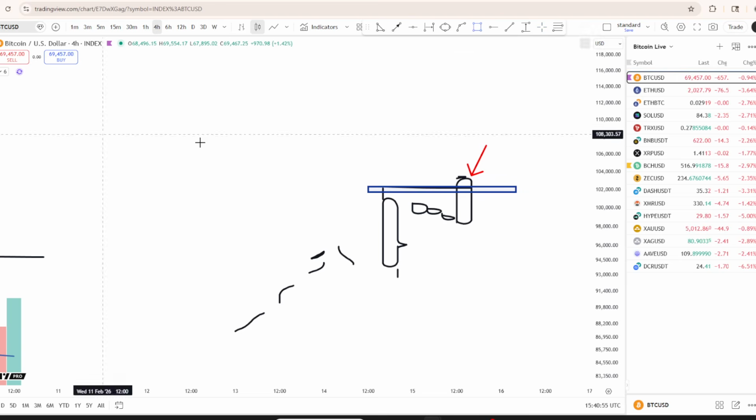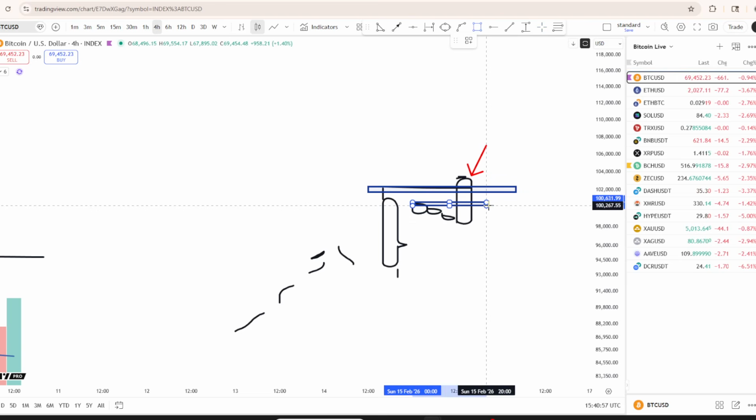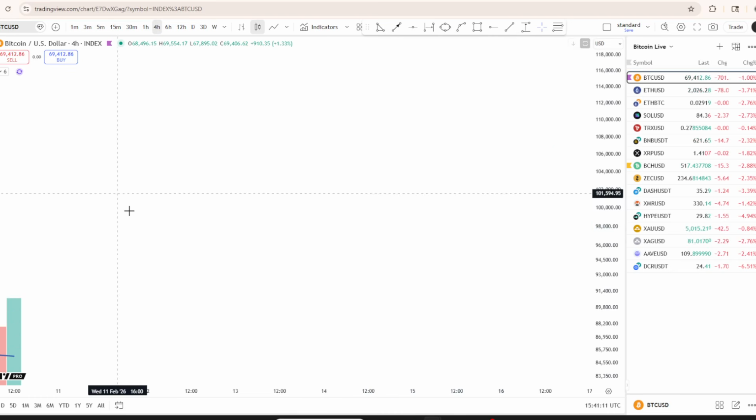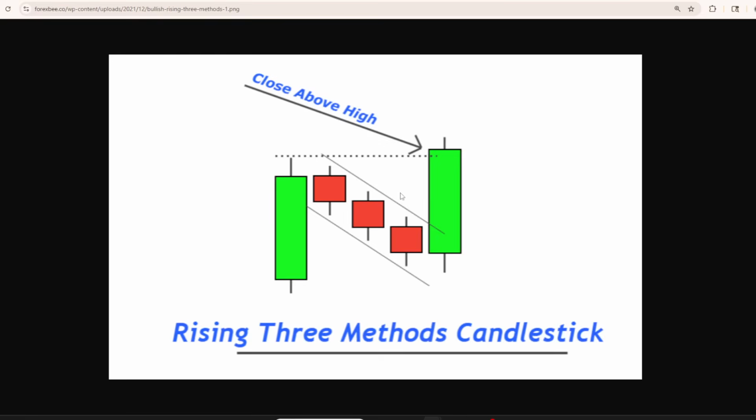So what I would do is maybe take the close of that candle, something nearby, rather than saying, okay, I'm defining my risk all the way down here on the bottom of that second large candle, right? So essentially the Rising 3 methods, as we said before, it's a continuation pattern. It's a bullish continuation pattern. You trigger when it closes above the first mother bar, and then I would manage my risk somewhere nearby that level rather than all the way down below.